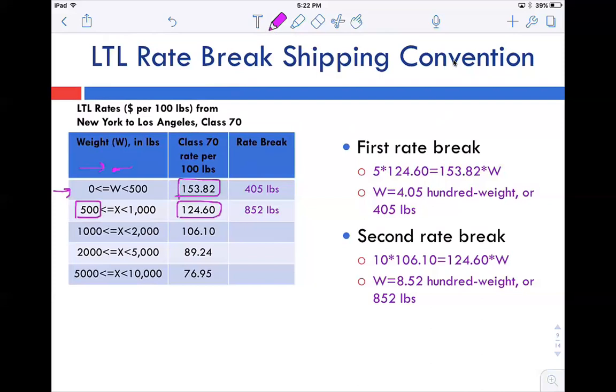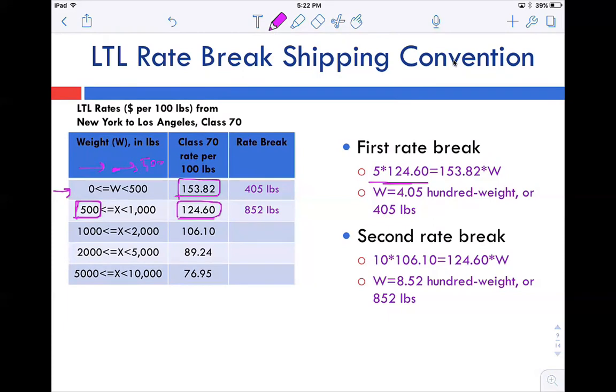But from a certain weight up to 500, it is better for us to pay exactly 5 times 124.60, just to make it even, not to pay extra for that lower weight of shipments. So we just set up the equation correctly.